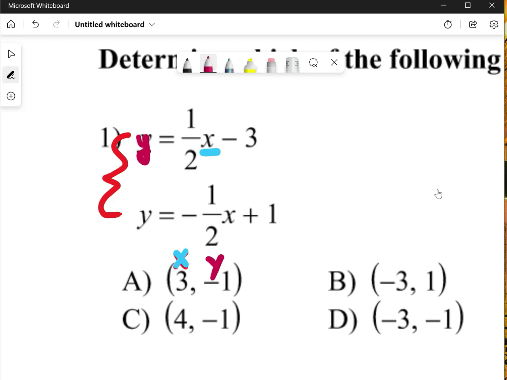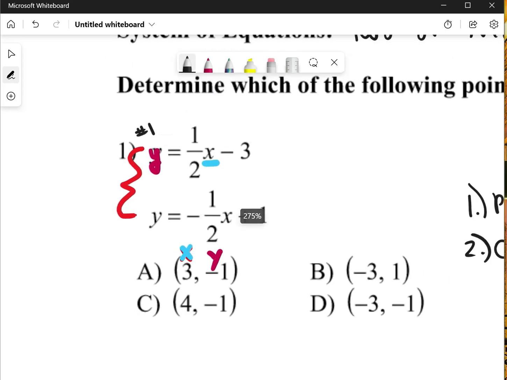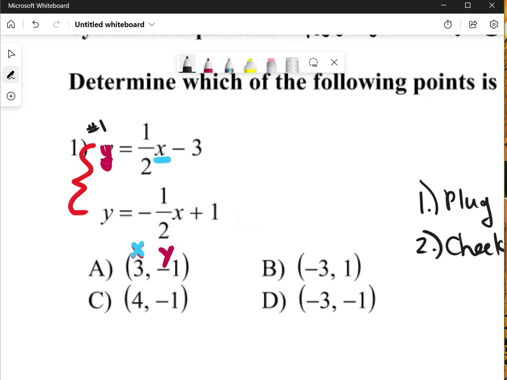So for this first equation, I'll label this as equation number 1. We're going to try point A out. And basically what that means is where y is, we put -1. So is -1 equal to 1/2 times 3, which is our x, minus 3? And we want to know, is that true?